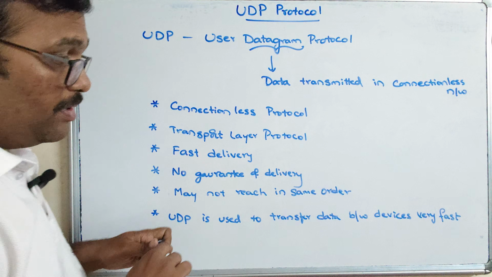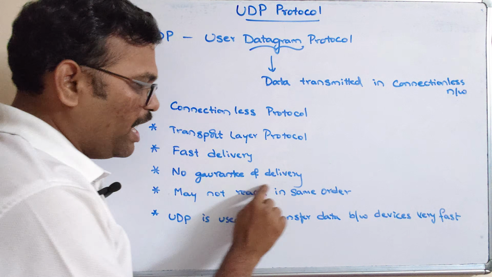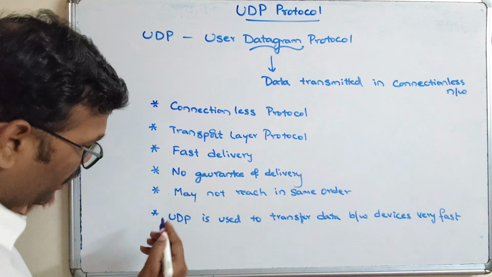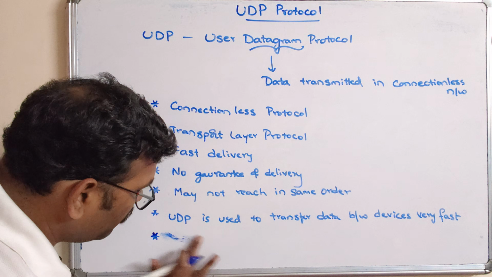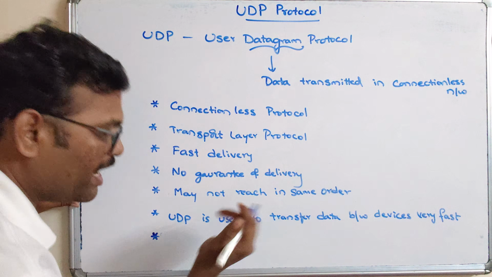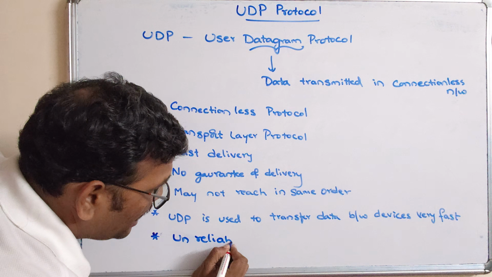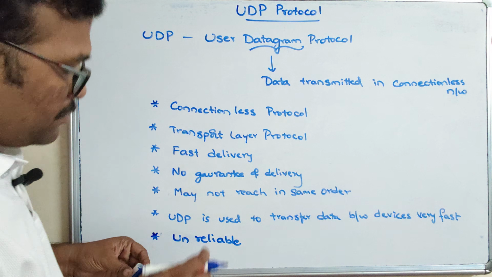It is a very fast one, but no guarantee of delivery and may not reach in the same order. That's why we call it unreliable. Because we are not giving a guarantee of delivery, it's an unreliable protocol.